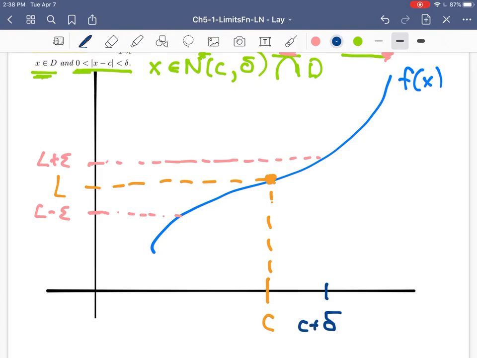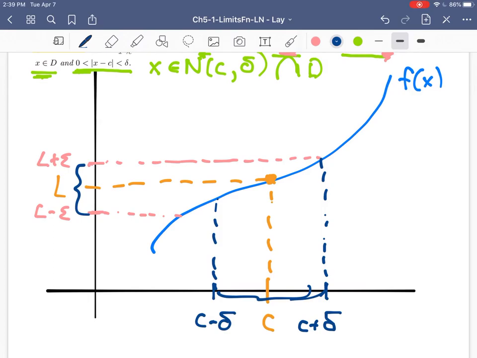If we go delta units above C and delta units below C, we want to make sure that whenever we have values of x that have a horizontal distance away from C that is less than delta, that whenever we have an x in this range, our outputs, the function values, are going to for sure be within this range.